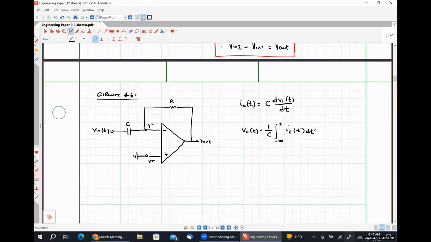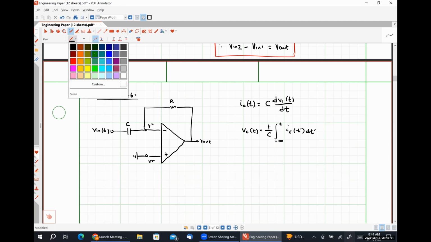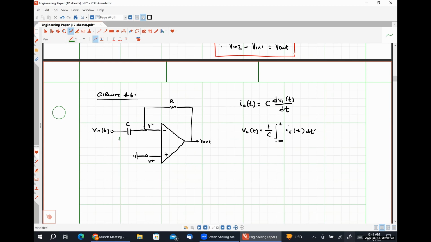Just for purposes of this analysis, I'm going to define my capacitor voltage Vc of t with this particular polarity, positive polarity on the left. And I'm going to define my capacitor current, IC of t, as follows, where the current is flowing into the positive polarity terminal.